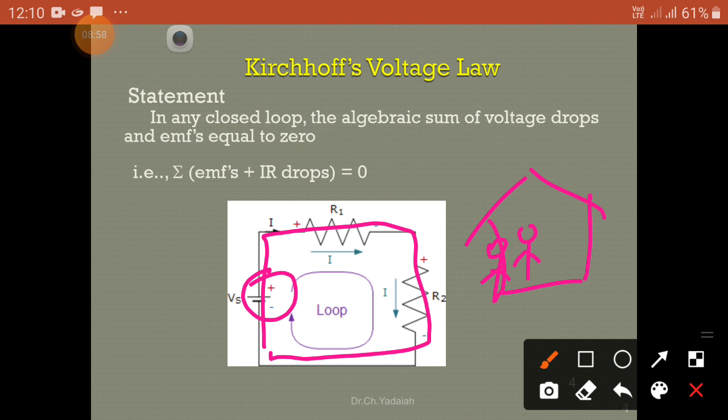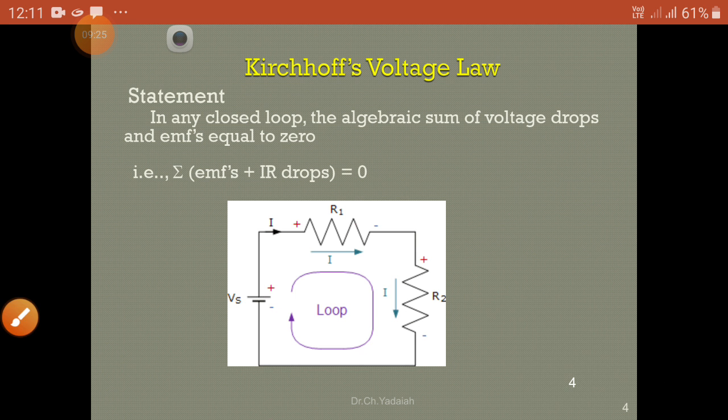So what do you mean? Your father's salary is equal to a voltage source, and yourself, your brother, your sister and your mother depend on this source. At the end of the month, whatever the salary is equals 0, no savings.